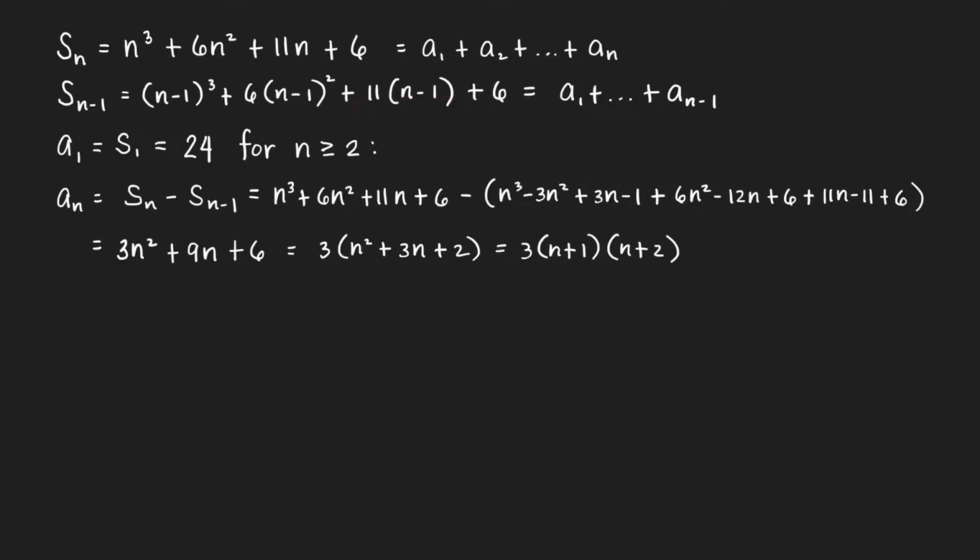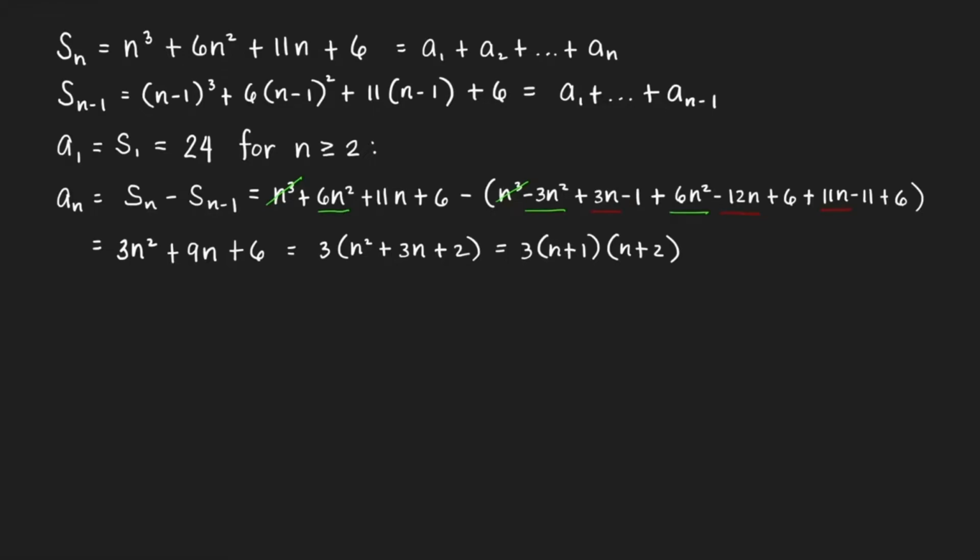Simplifying this difference, you'll get n cubed minus n cubed, which is equal to 0. Then you have here 6n squared, negative 3n squared, plus 6n squared, so that will give you positive 3n squared. And then for the terms with n, you have 3n, then negative 12n, and then 11n.